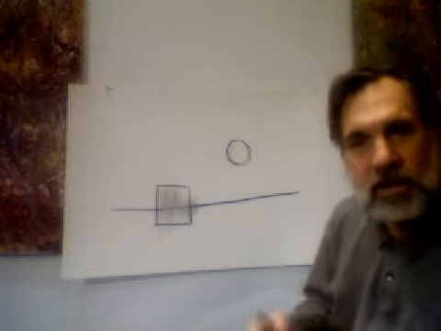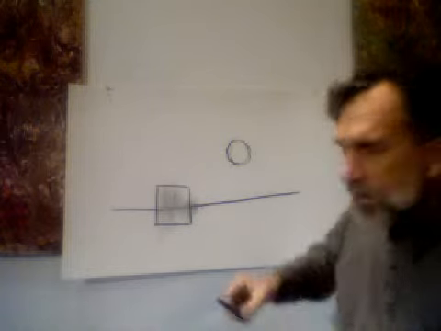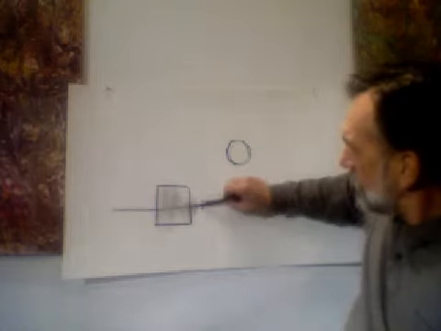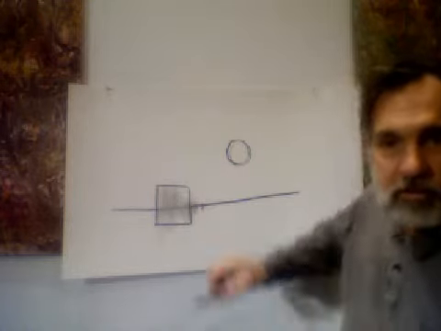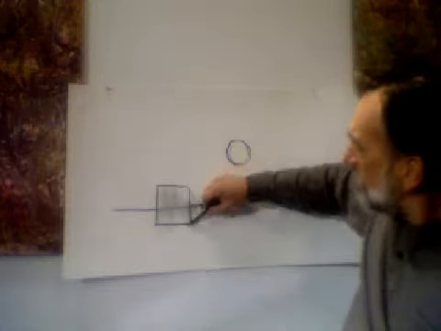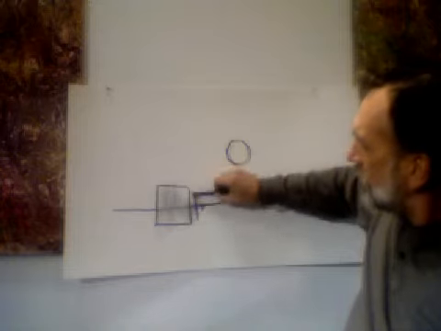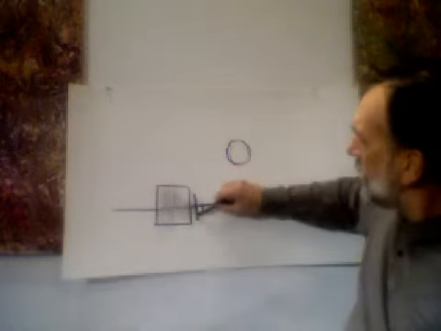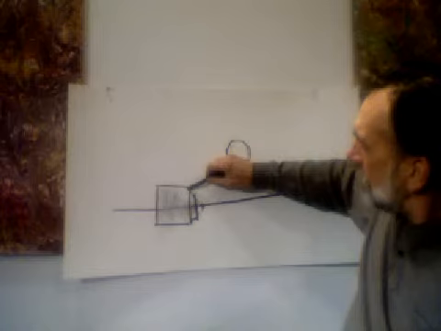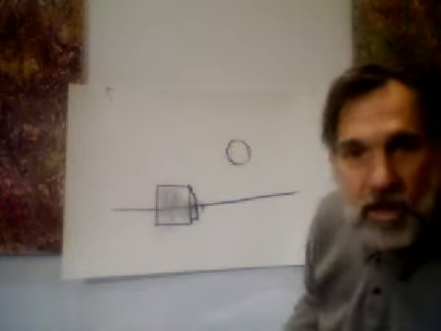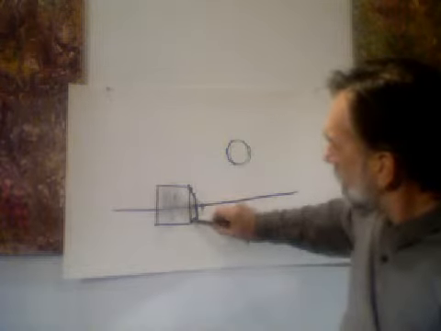Interestingly enough, to create a sense of depth, artists do things like use linear perspective. Here's a vanishing point, and you can attach lines to the vanishing point and already get the illusion of a three-dimensional object.